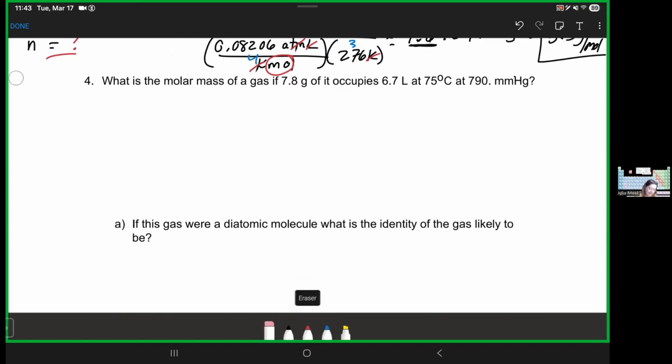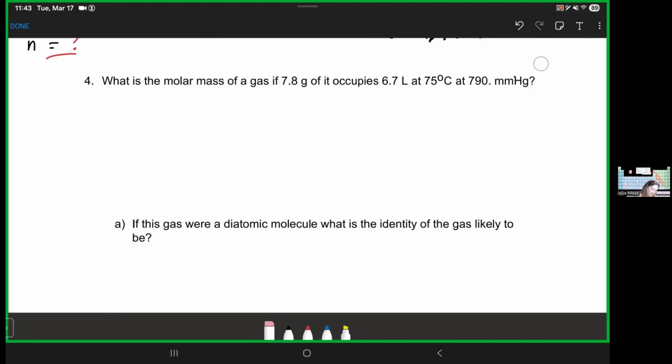I'm going to erase a little here so we can see. Let's look at what the next problem is. So what is the molar mass of a gas? If I have the mass of my gas and we're asking for the molar mass of the gas. So again, we want to know how many grams of our gas per mole of gas.